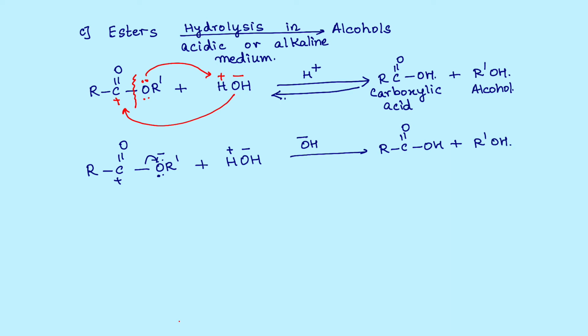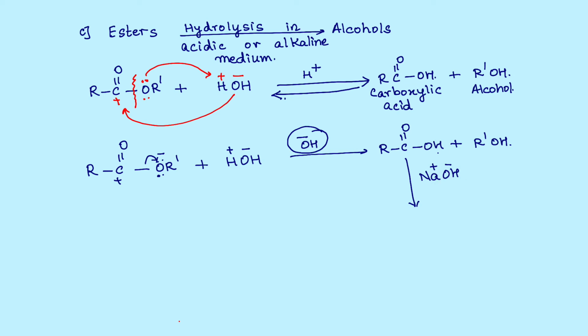Yes, again we form the carboxylic acid and the alcohol. But interestingly, you are carrying out this reaction in the presence of an alkali, so for example, sodium hydroxide or potassium hydroxide, and acids react with alkalis to form salt and water.